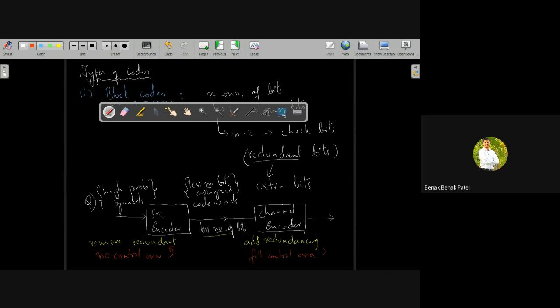We bring in all these redundant bits or check bits by using some algorithm. Because it's all algorithm based, I have full control over it. And adding redundancy is very much essential, in order to detect and correct errors.